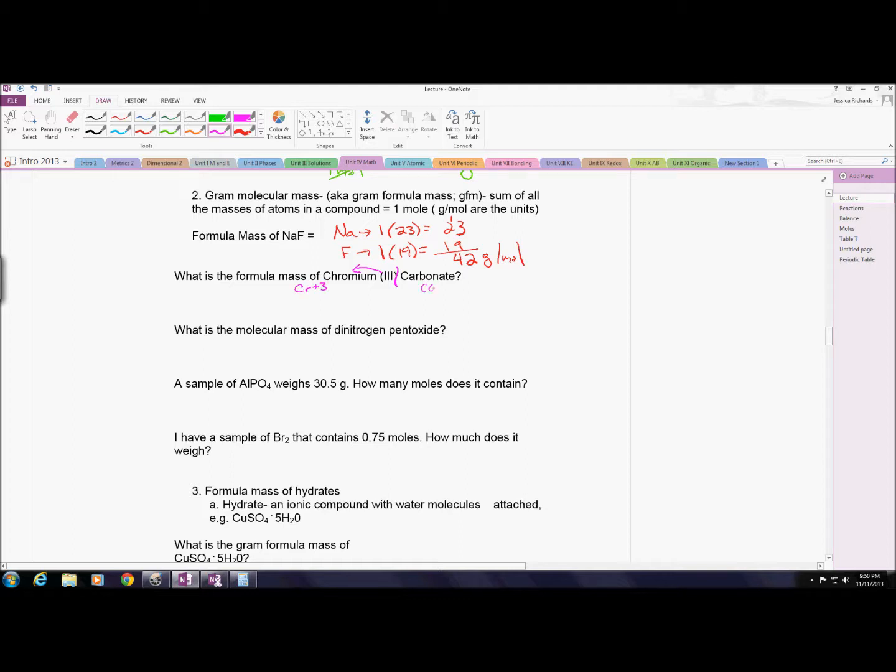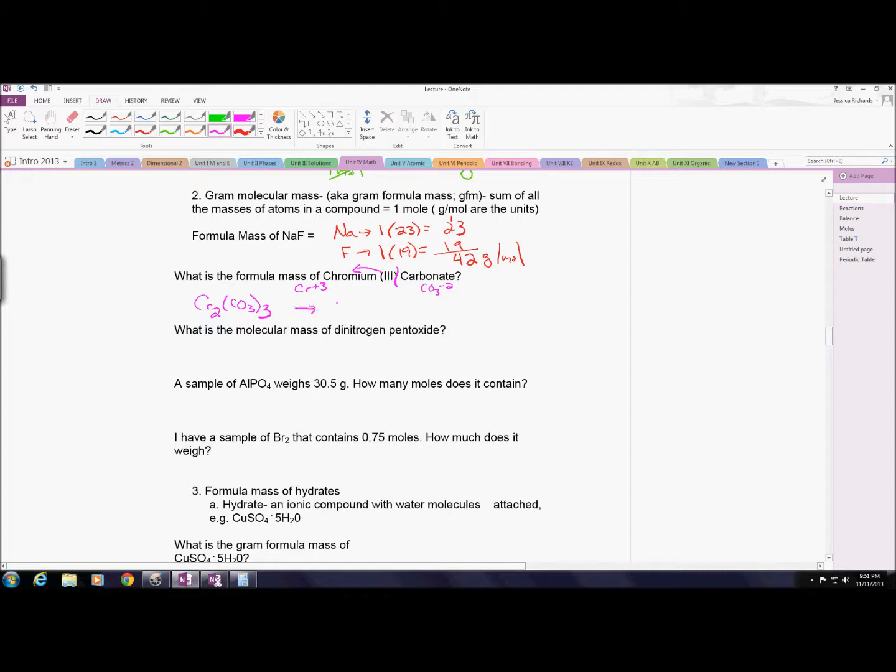Carbonate is a polyatomic ion, CO3, and it has a charge of -2. So to get this to balance and make a proper formula, I need the least common multiple between 3 and 2, which is 6. So my formula is going to be Cr2(CO3)3. So that's our proper formula.